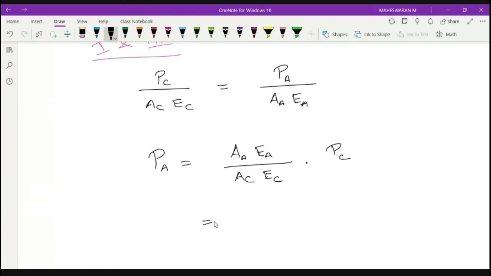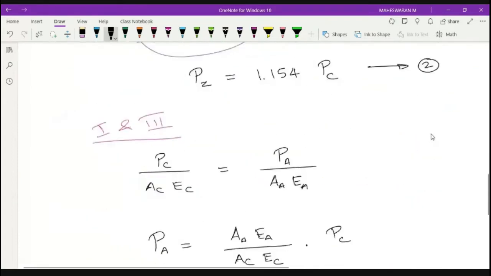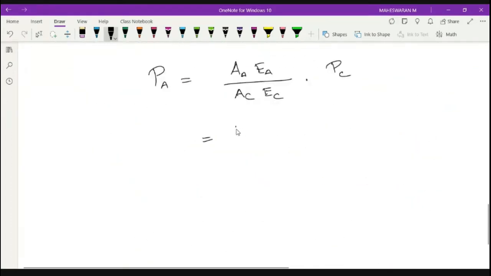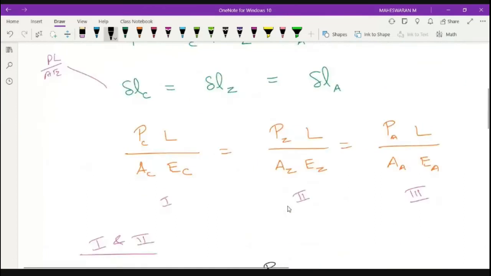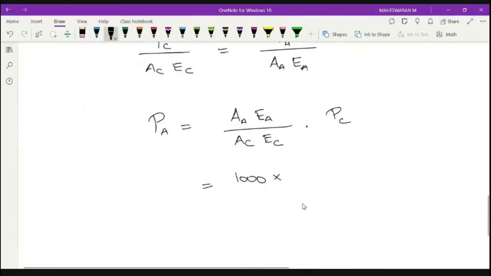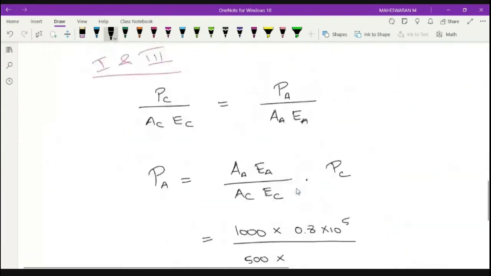AA, the area for aluminum, is 1000, into EA, Young's modulus for aluminum, 0.8 into 10 power 5, divided by AC for copper, 500, into Young's modulus for copper, 1.3 into 10 power 5.